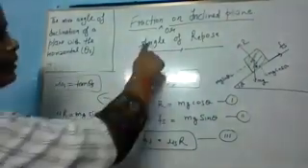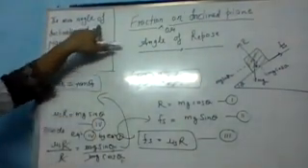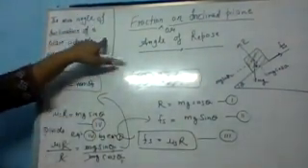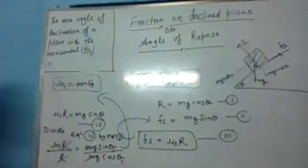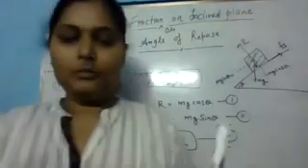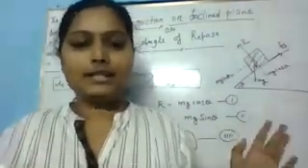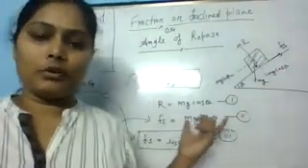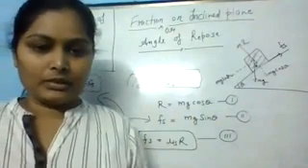And what is angle of repose? Angle of repose is the minimum angle of inclination of a plane with the horizontal, that is theta s, at which if we place any body, it starts sliding. Is this clear? Is angle of repose clear?